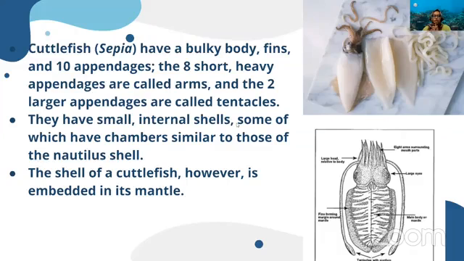So they have small internal shells. Their shells are reduced. They have a very small internal one. Some have chambers similar to those of nautilus shells. The shell of the cuttlefish, however, is embedded in its mantle.